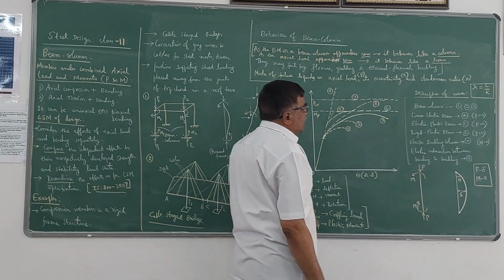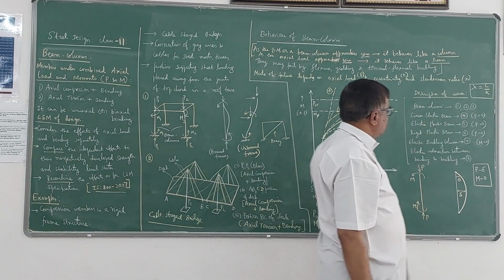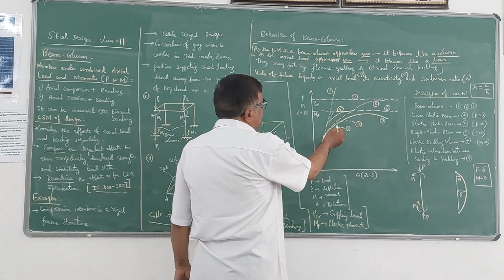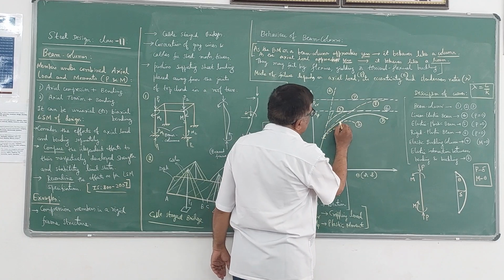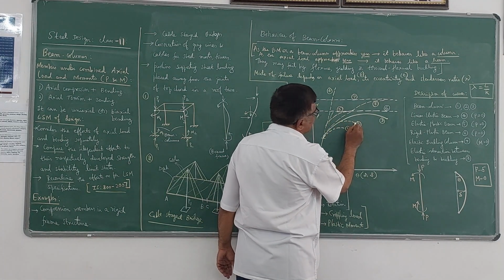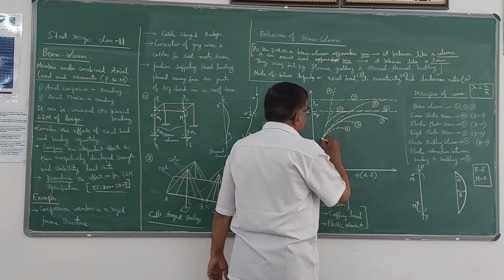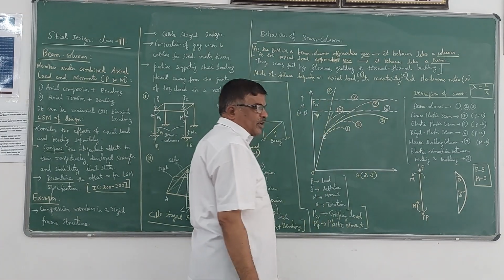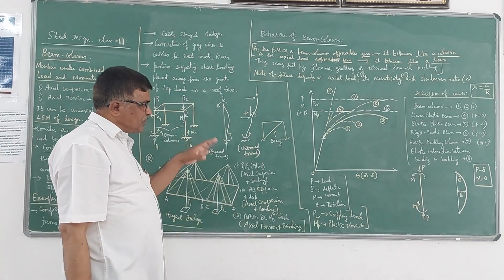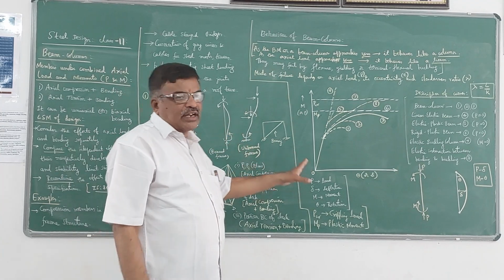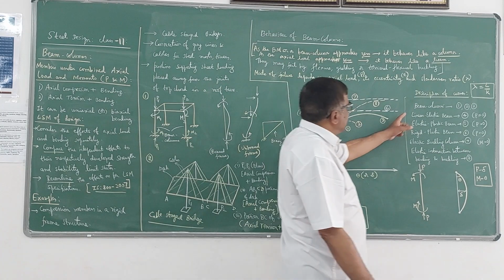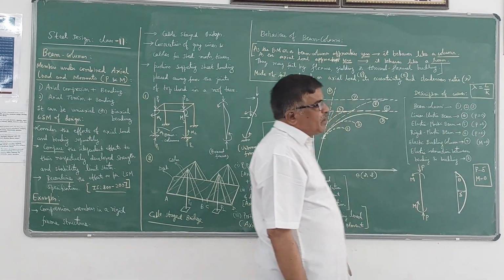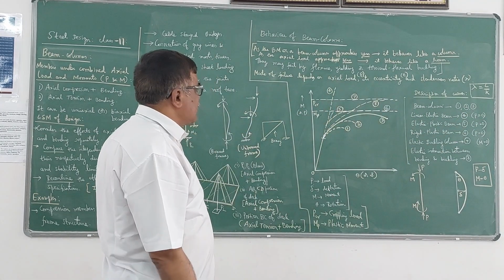This is graph number 1, it is a beam column. The second one can go slightly higher and then take a shape like this, that is also a beam column, and the third one is also a beam column. So if the graph of M versus theta or P versus delta is like this, then these 3, 1, 2, 3, show beam column behavior.